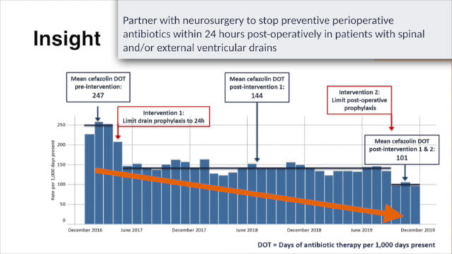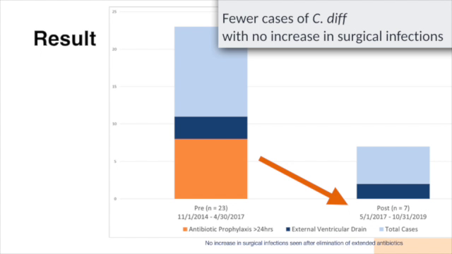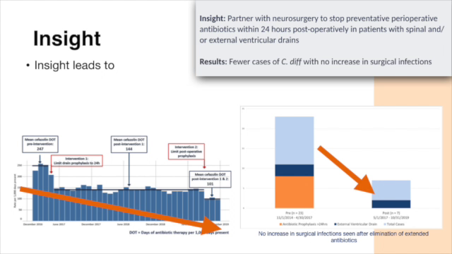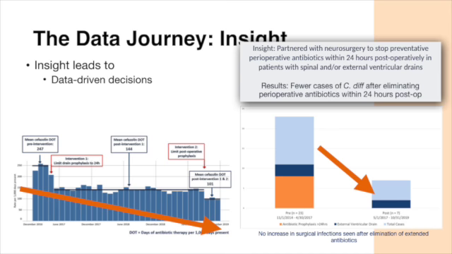Insight is working with the neurosurgery team to stop preventive perioperative antibiotics within 24 hours post-operatively in patients with spinal and/or external ventricular drains. This led to the result of fewer cases of C. diff without increase in surgical infections. Insight leads to data-driven decisions, supportive interventions, and improved outcomes.